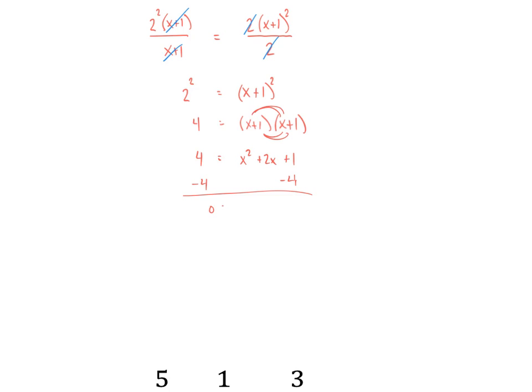So we have 0 equals x squared plus 2x minus 3. We hope that this double bubbles. So we have x plus 3 and x minus 1 equals 0, which means that x could either equal negative 3 or it could equal 1.